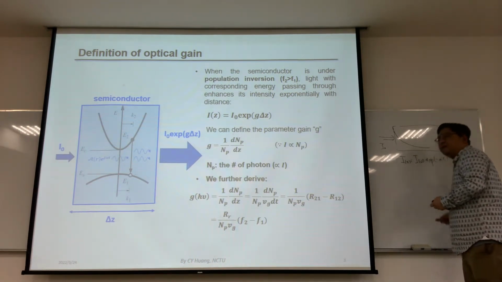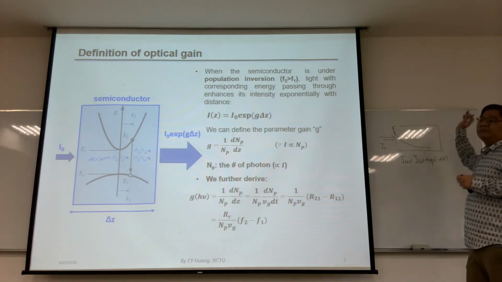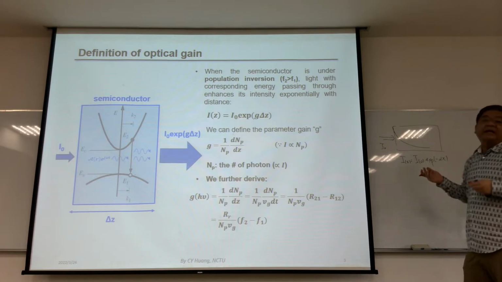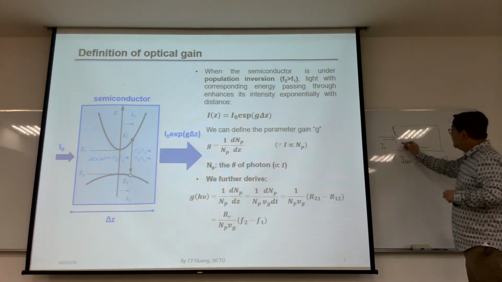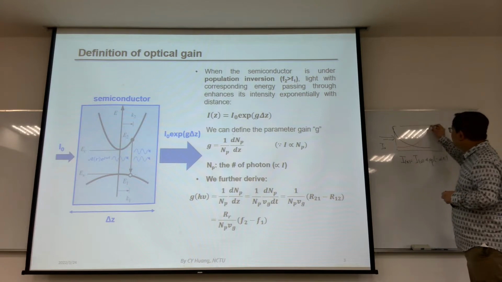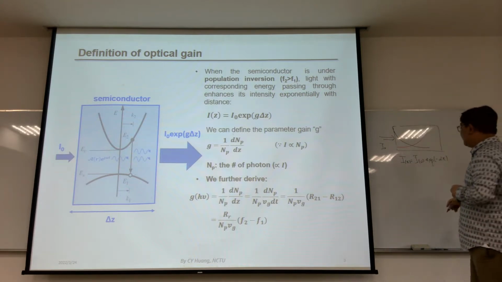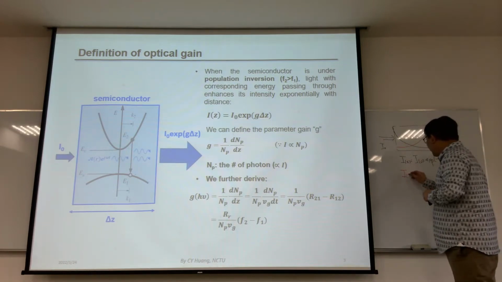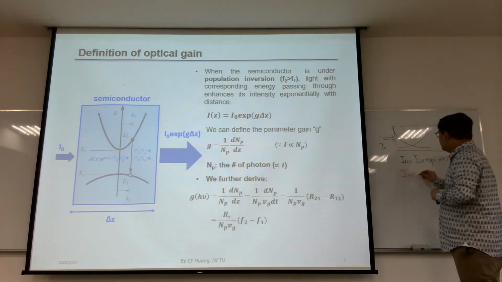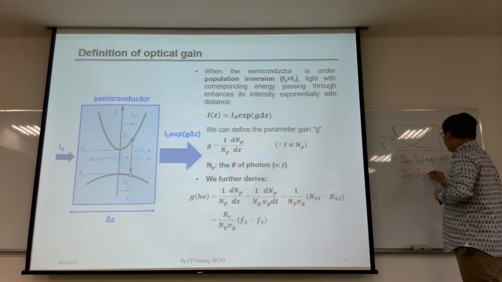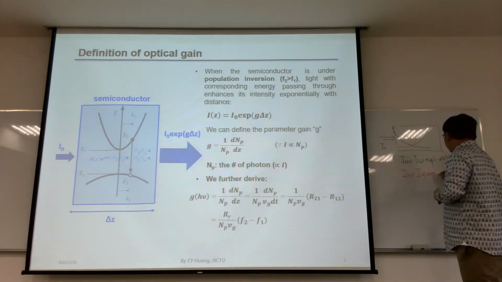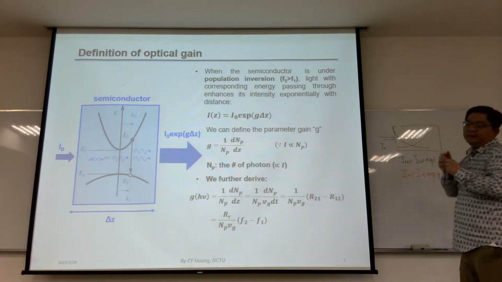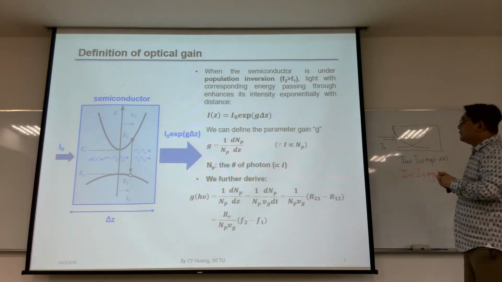However, if a material is excited, a semiconductor with a high carrier density, the light is actually propagating exponentially. So we can write it down as I of x is equal to I of 0 exponential g x instead, which means the intensity is growing.